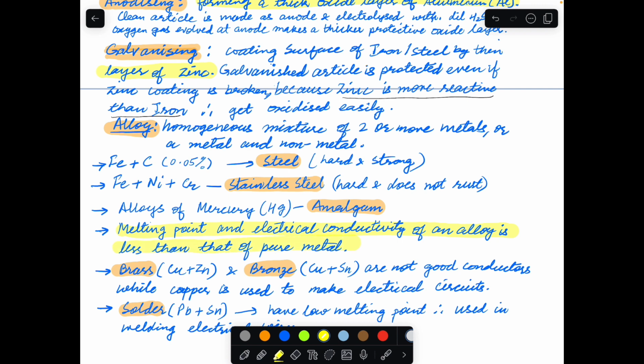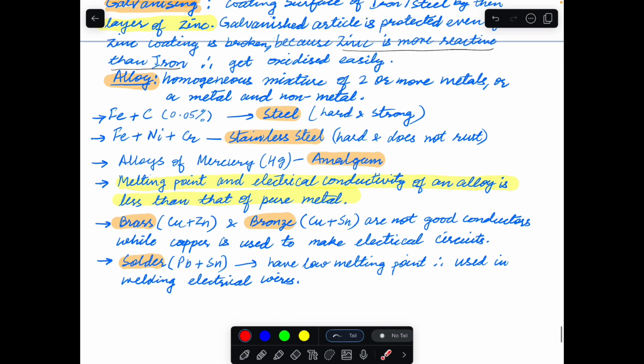A metal may be a good conductor, but its alloy will not be a good conductor of electricity. For example, copper is used to form copper wire, which is used to make electrical circuits. Why? Because copper has a high melting point and high electrical conductivity.